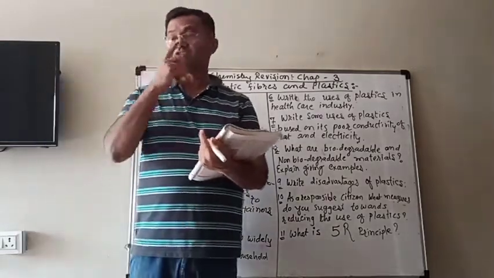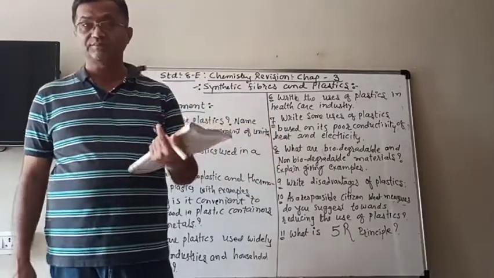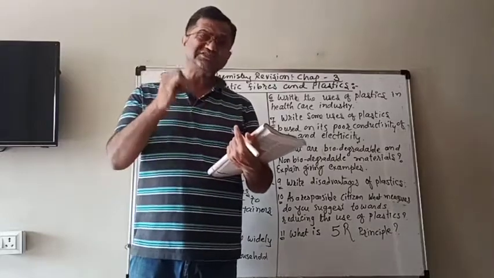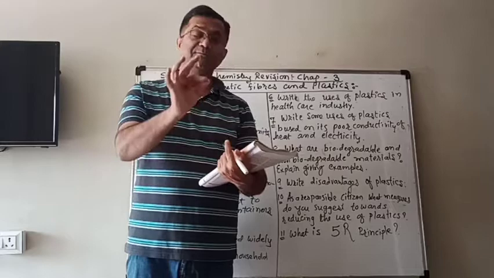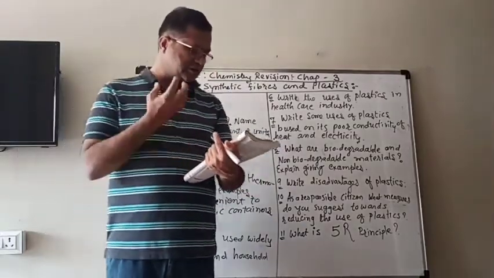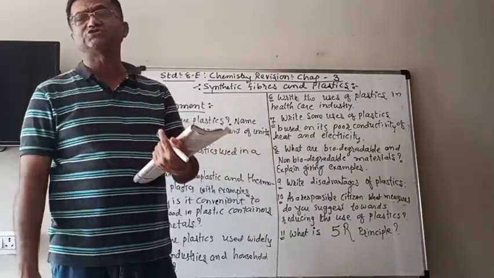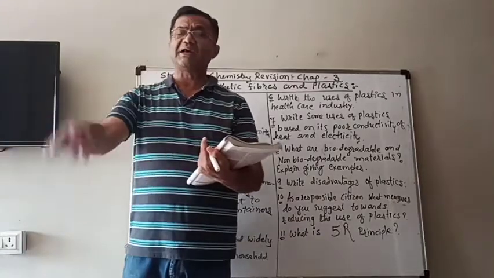Nowadays you know that the syringes and the needles are disposable, means use and throw. Those use-and-throw syringes and needles are also made from plastic. Similarly, doctors are using gloves and so many other medical instruments, which are also made from plastic.